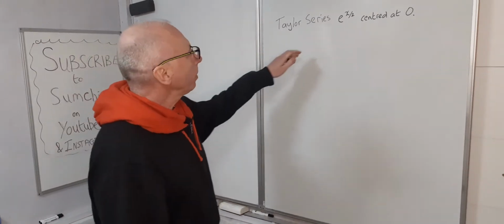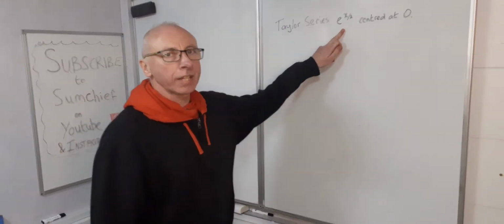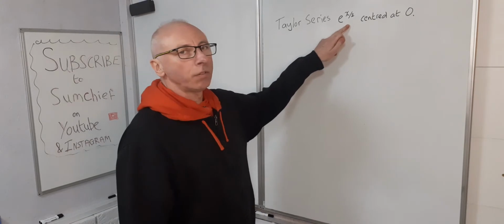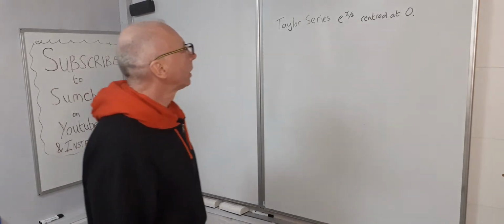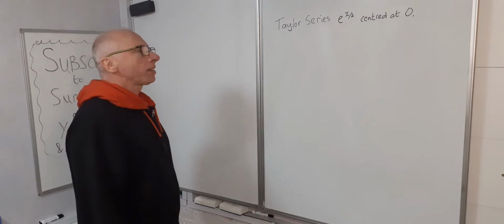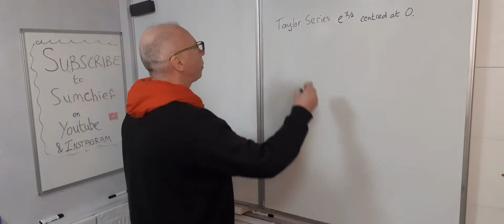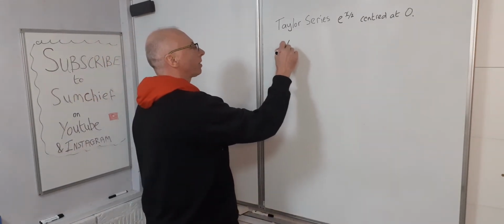Okay, so in this video we're going to find the Taylor series approximation for e to the x over 2 centred at 0. Now, Taylor series is an approximation with a formula which looks something like this.